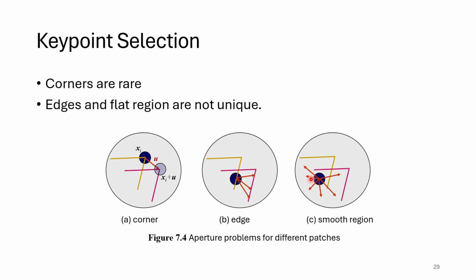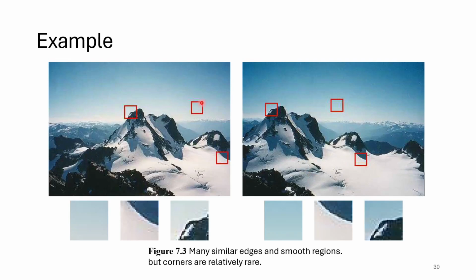So let's take an example here. The left image and the right image are two different images. If you are going to find something like this, a patch of a corner, you can find in the target image something like your corner patch from the source image, because corners are rare, so maybe they are unique in the target image.